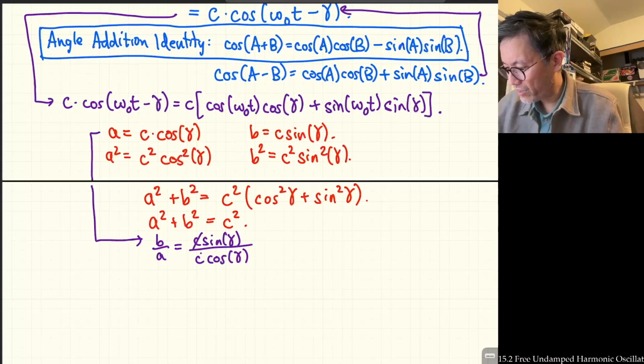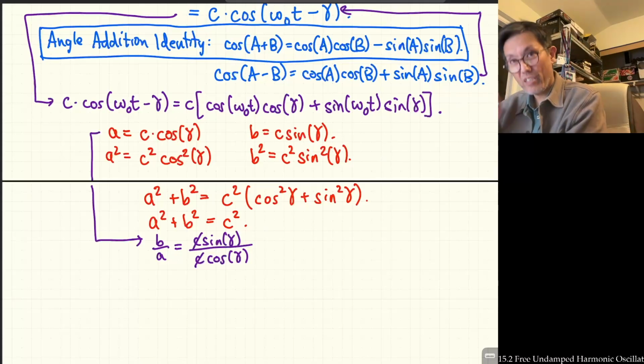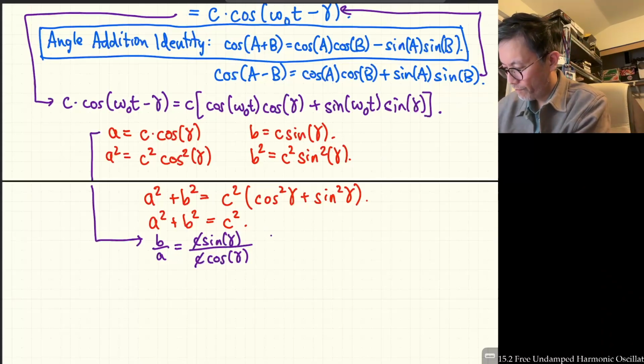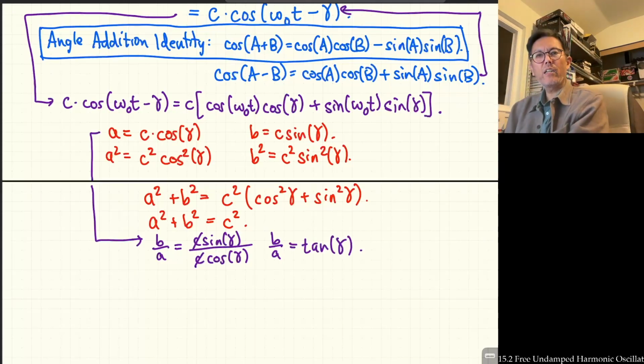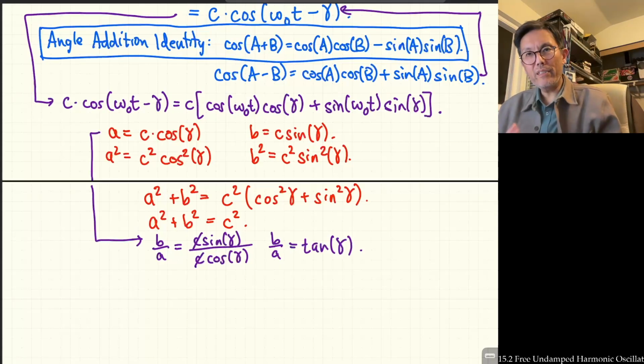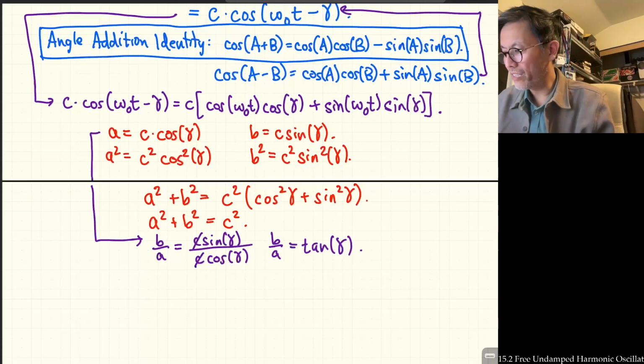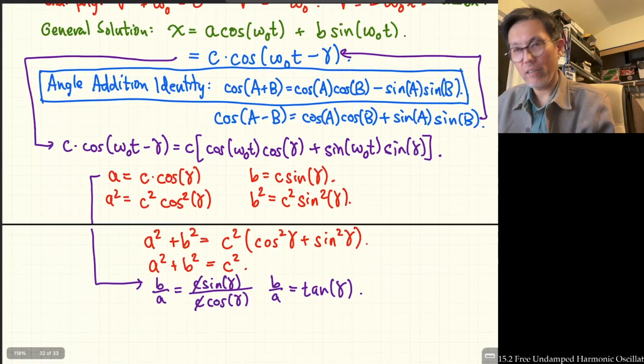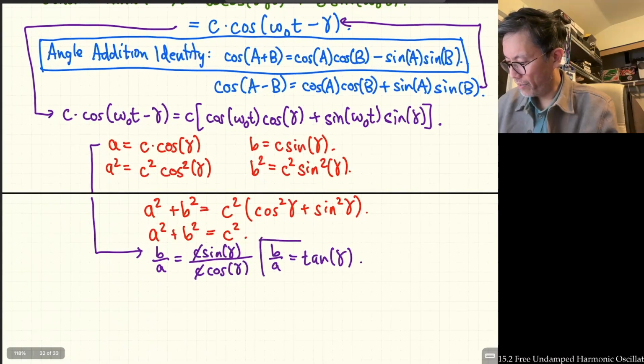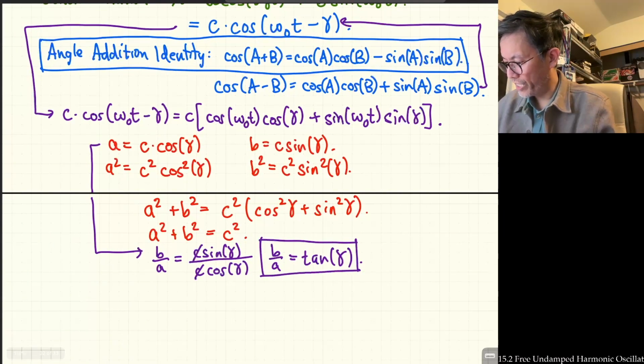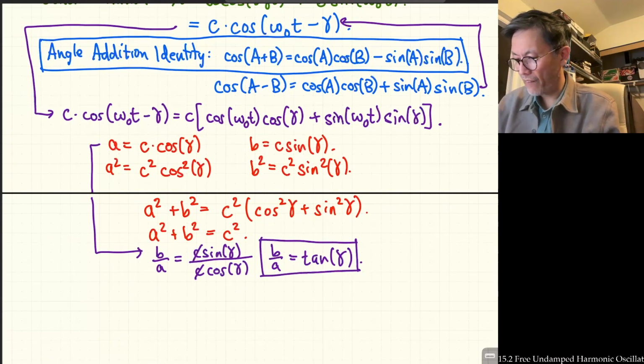The C's cancel, and we're left with tangent of gamma. So gamma is an angle whose tangent is equal to B over A. These are nice defining relations for gamma and for C in terms of A and B.